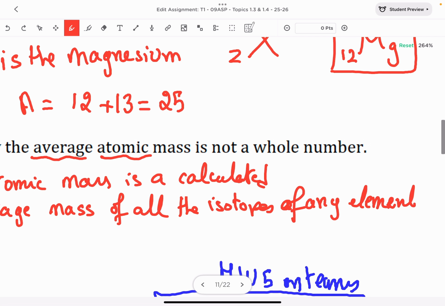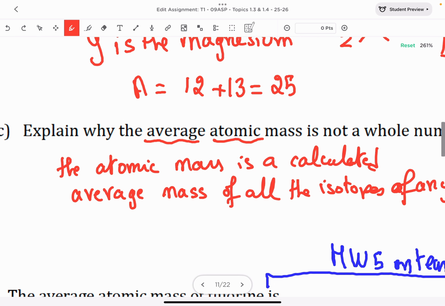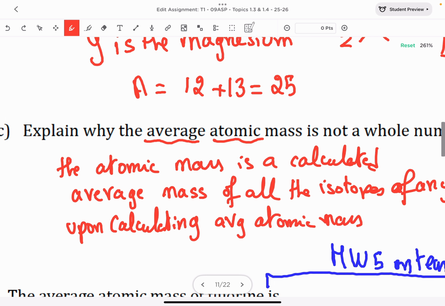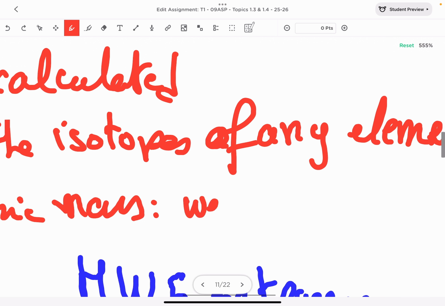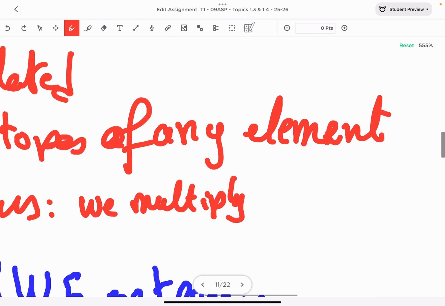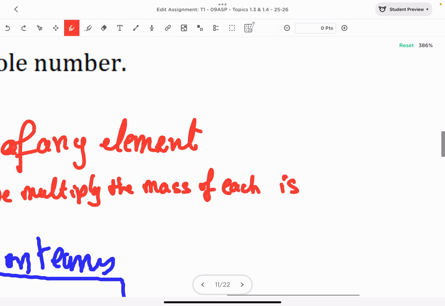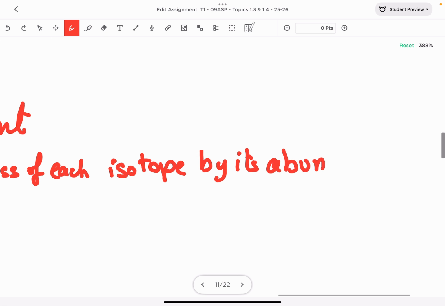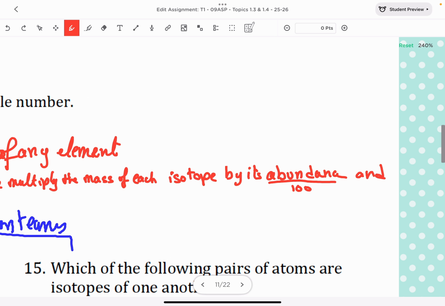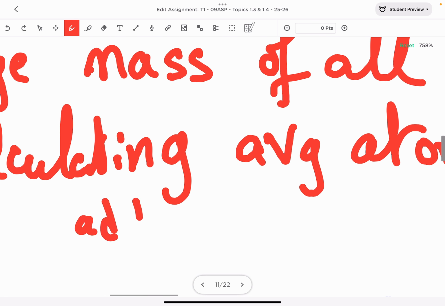And therefore, upon calculating the average atomic mass, we multiply the mass of each isotope by its abundance over 100 and add them all together, all of the isotopes.